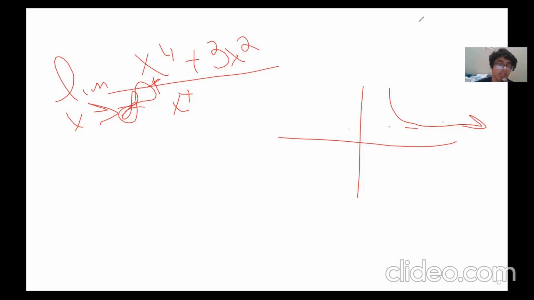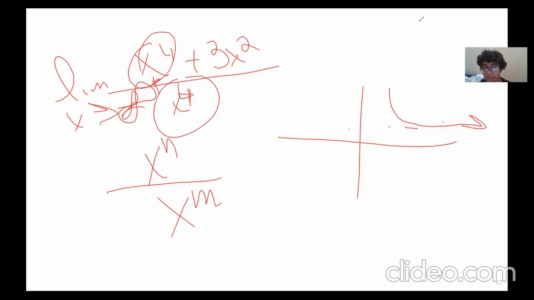But here we think, okay, we think in terms of the greatest term in the numerator and the denominator, because that will always overshadow the rest, right? However you move the independent variable, get crazy big, get crazy small, the greatest degree term in the numerator and denominator will always be growing the fastest.